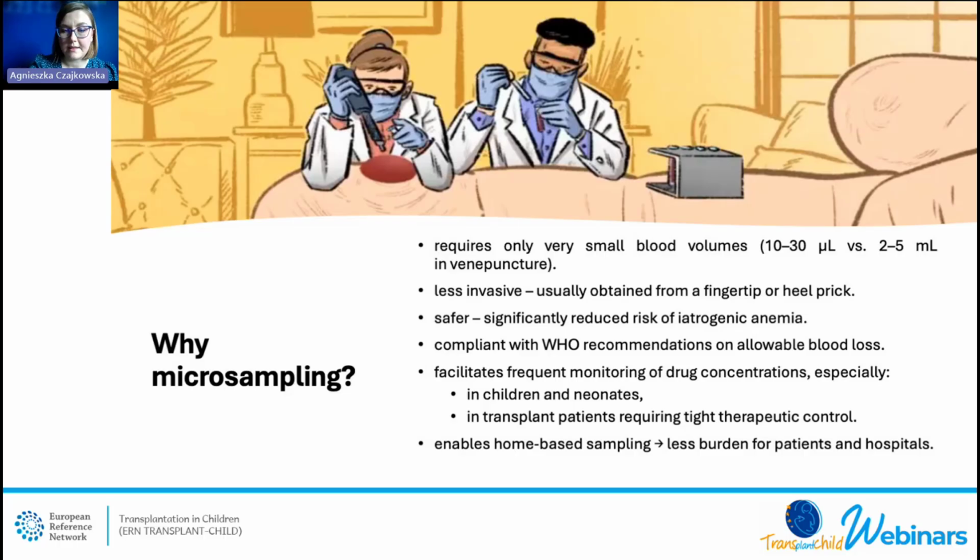This makes the method less invasive, fully compliant with all guidelines, and significantly reduces the risk of anemia. Moreover, it allows for more frequent monitoring, even at home when the patient leaves the hospital, which reduces the burden for the patients, for health facilities, and for parents in a pediatric patient's case.